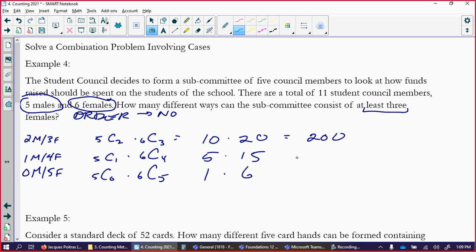There's 200 ways to do that, 75 ways to do that, 6 ways to do that. It's 2 and 3, or 1 and 4, or 0 and 5. That's 281. Carry the 1.